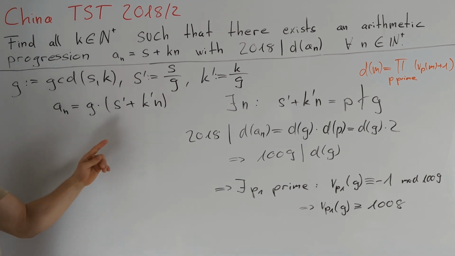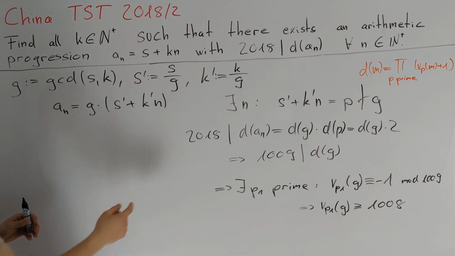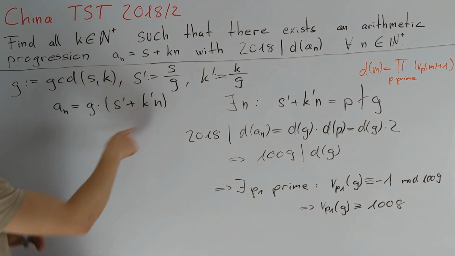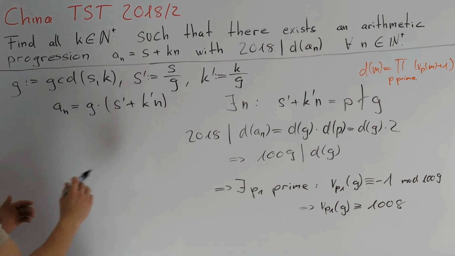And here we don't want k' to also be not divisible by p1, because then we can choose n in such a way that the sum here is divisible by p1. So intuitively we are done if k is divisible by p1 at least 1009 times, and otherwise we can get into trouble. And now let's try to formalize this.